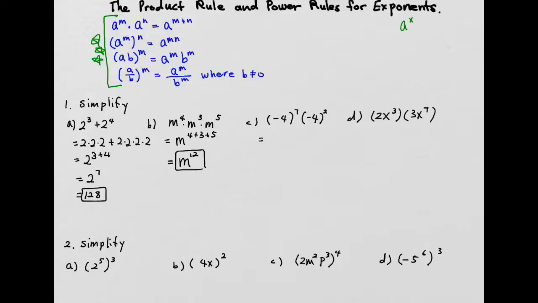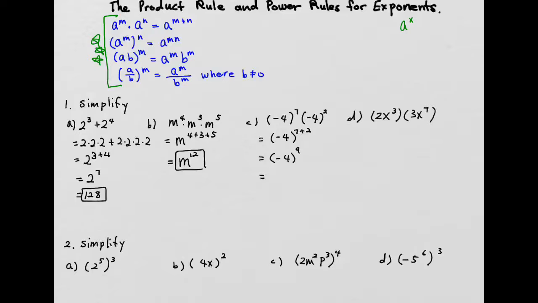What about the next one? You have negative numbers, but then you have parentheses here, right? Parentheses mean you're going to make that negative 4 to the 7th exponent. This is going to be negative 4 to the second exponent. So this means you're going to have negative 4 to the 7 plus 2 exponent, which is 9th exponent. Nine is an odd number.